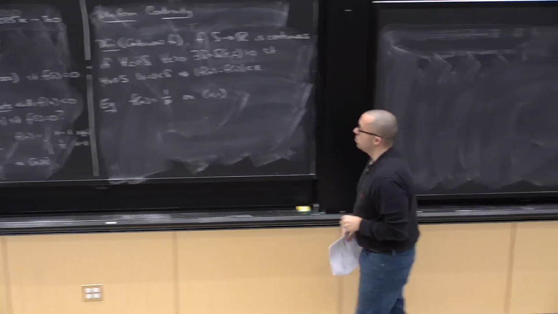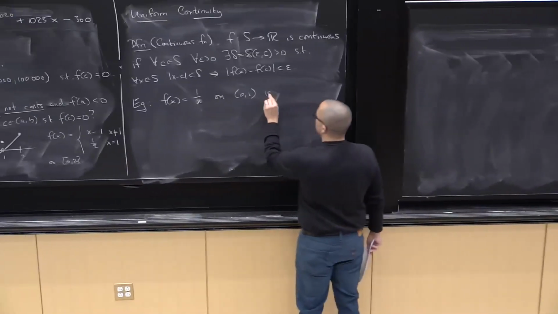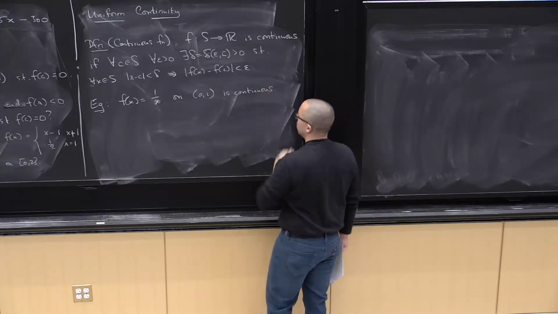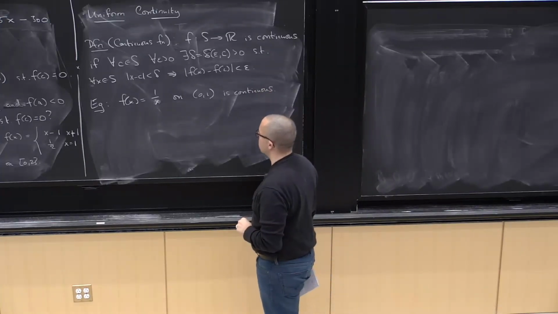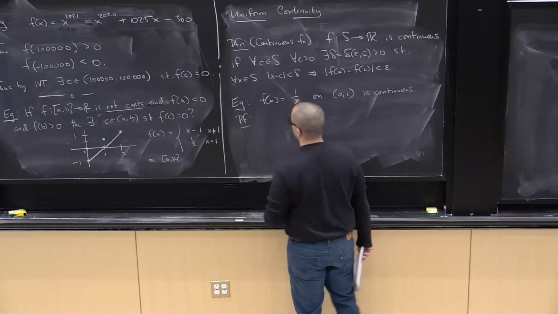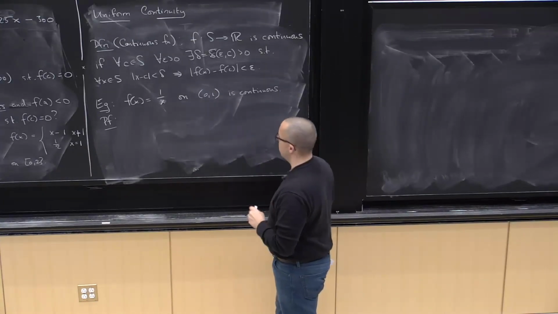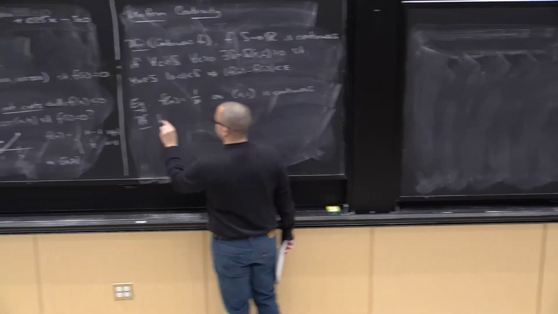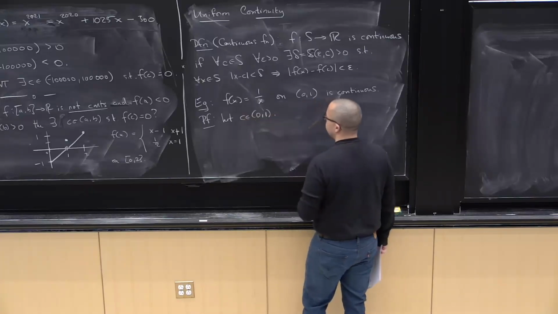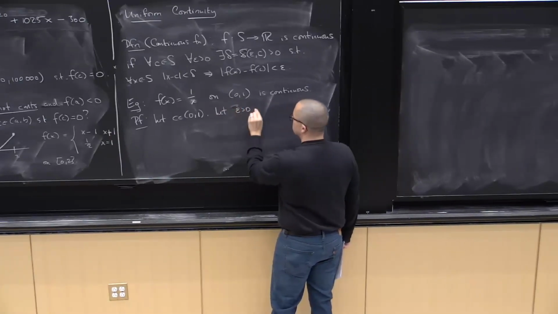Okay, so I claim f of x equals 1 over x is continuous. So proof, we have to show that for every c in (0, 1), for all epsilon, there exists a delta. So let c be in (0, 1). Let epsilon be positive.